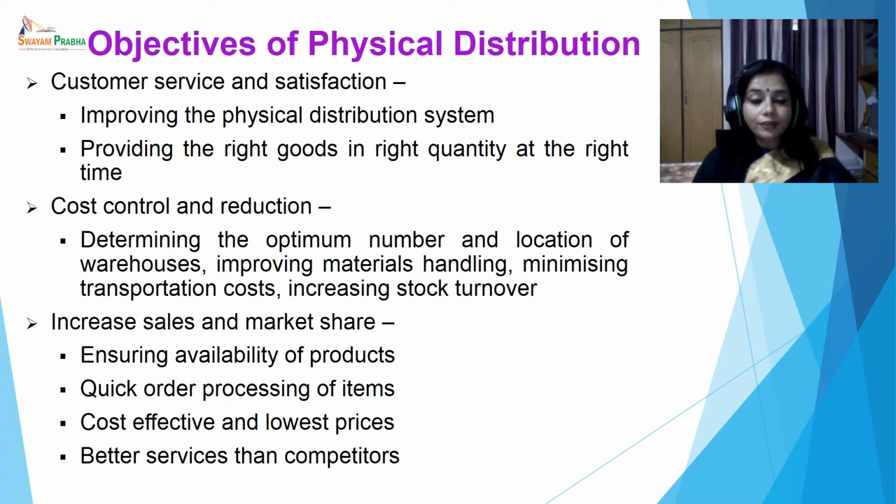You have to determine the optimum number and location of warehouses, improve material handling, minimize transportation cost and increase the stock turnover to reduce the cost, because the cost will escalate the price of the product and the price will be ultimately borne by the customer. So if the prices are too high, then naturally the customers will go for competing products.